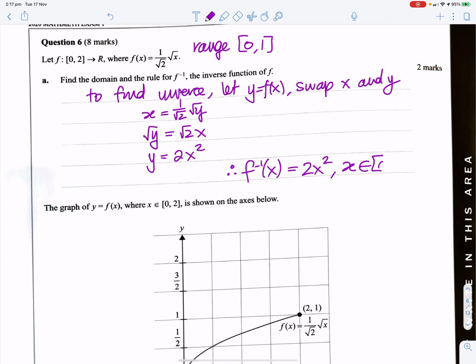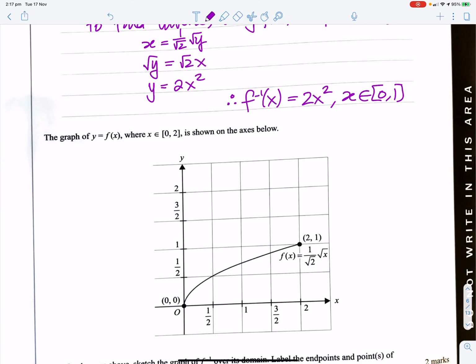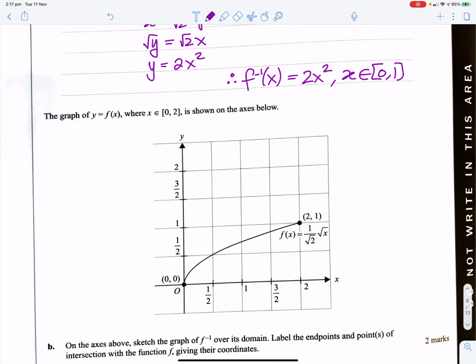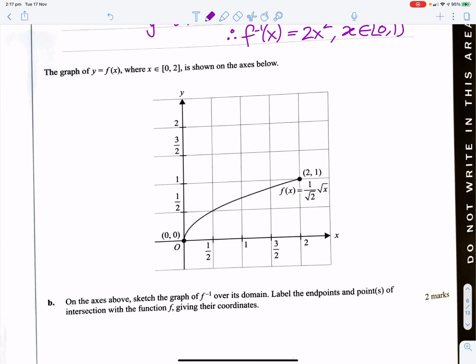x is between 0 and 1. Okay. The graph of y equals f of x is shown. On the axis, sketch f of x, f inverse of x over its domain. So we know if that's the point 1, 2, it's got to go through 2, 1.